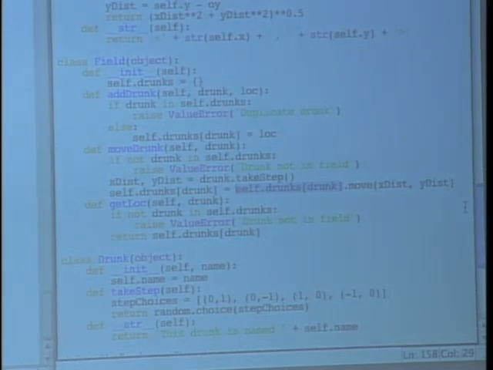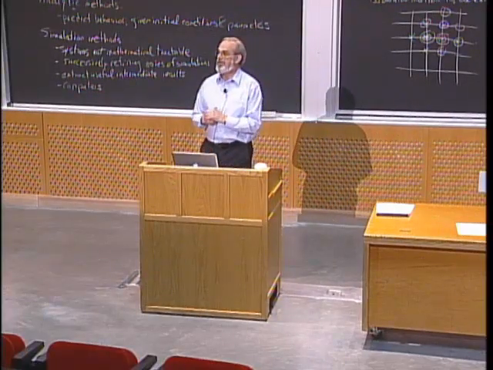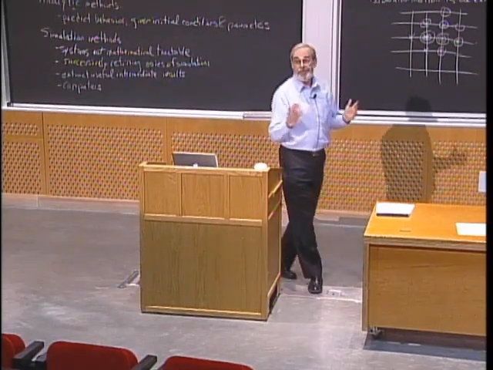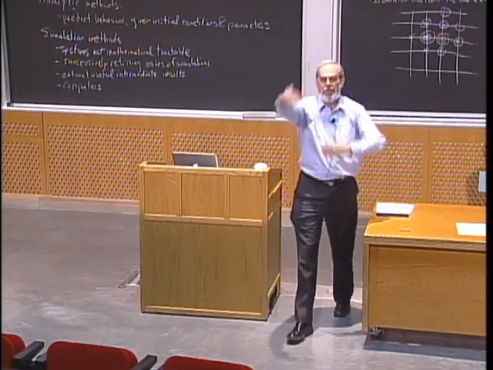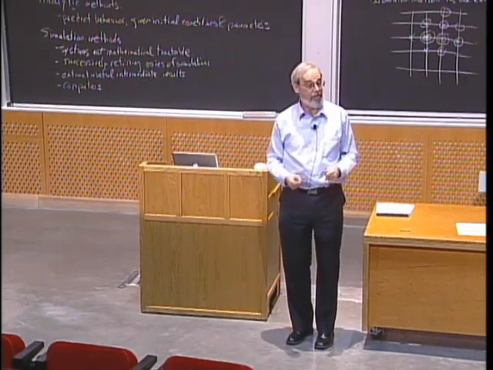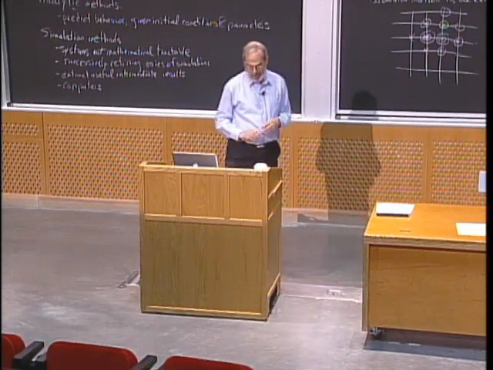I made some assumptions about field. They're worth pointing out. No constraints on locations. How big is this field? As big as you want. So I didn't build in a real physical representation of the limits of the field with every location represented. I just said it's just a collection of drunks. So there's no limits on how far the drunk can go.